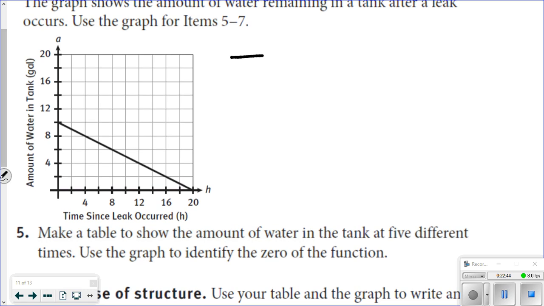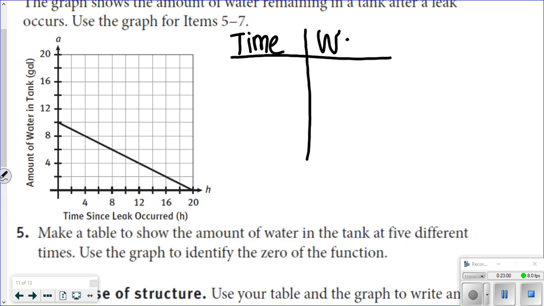Question 5 says make a table. So it doesn't have to be super fancy. It can just be a little T-chart. Question 5, to show the amount of water in the tank at 5 different times. So our time is going to go here, and let's do the amount of water here.